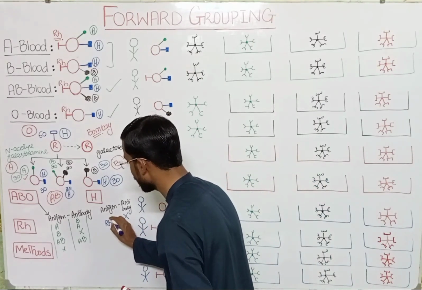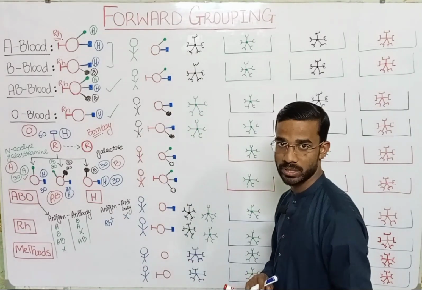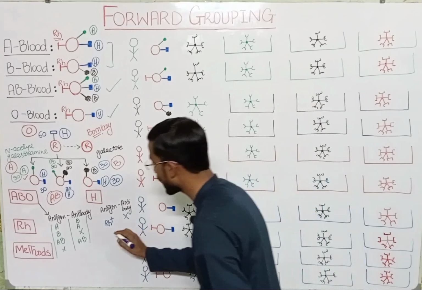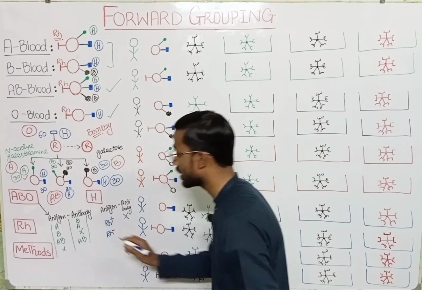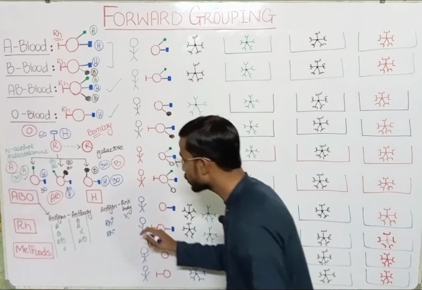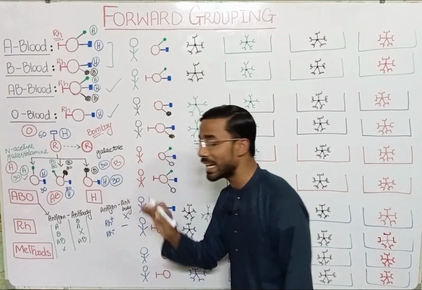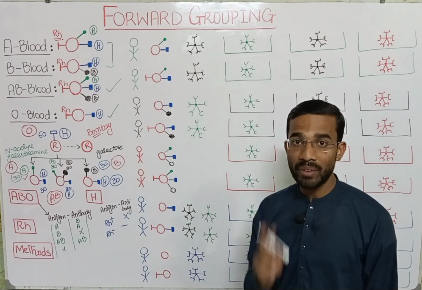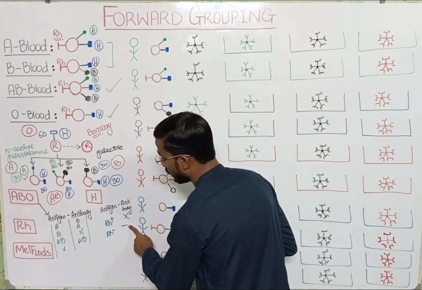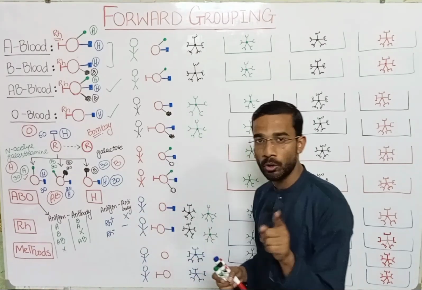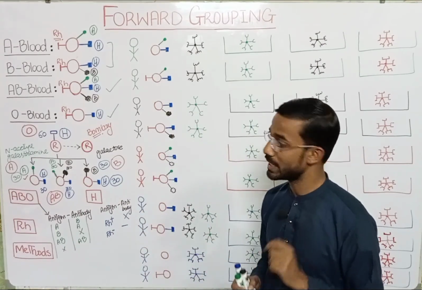And if RH is present, we declare it RH positive. If there is no RH, then I declare it RH negative, and in that situation you also don't see any antibodies. So in that situation, I think antibody should be present. But there is a case.